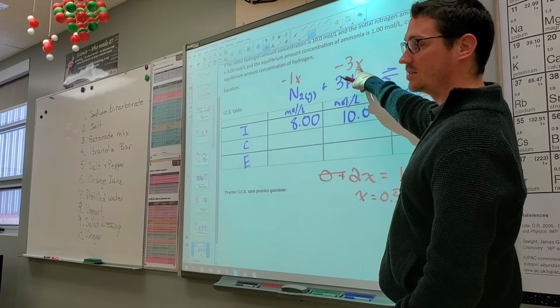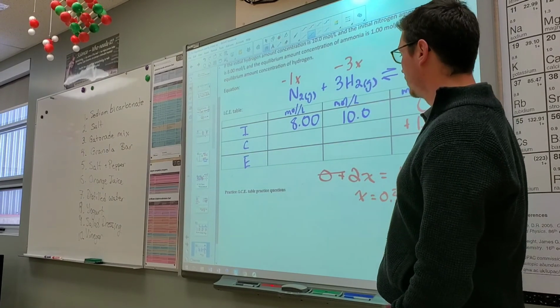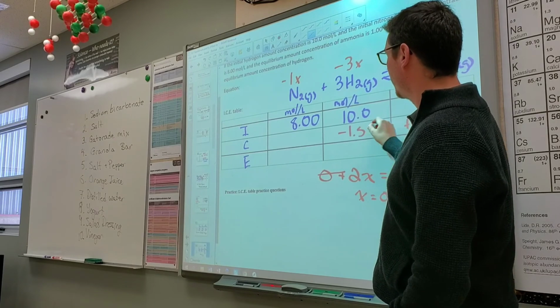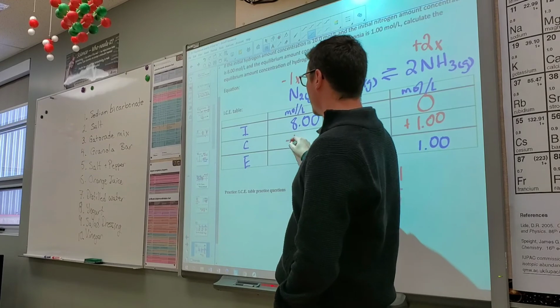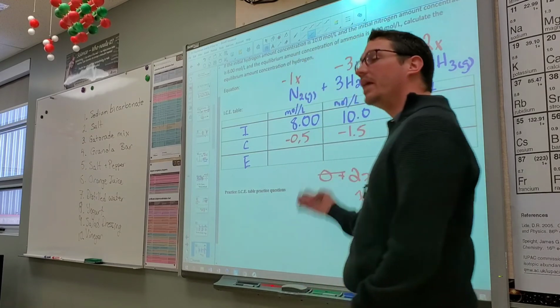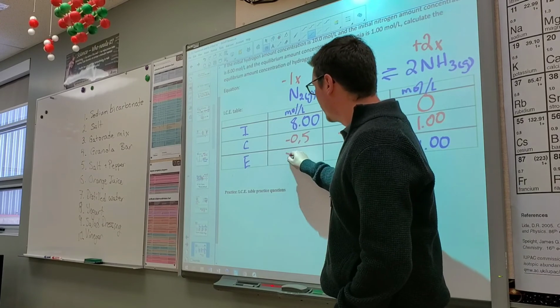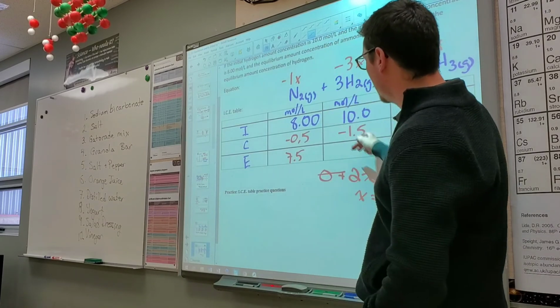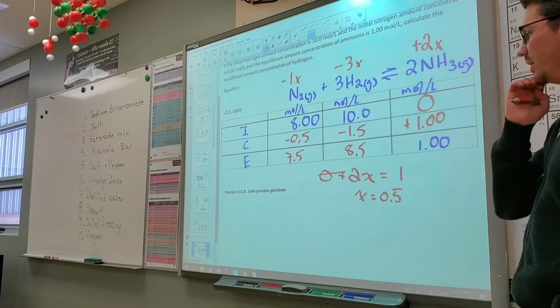How many x's? 3. So what's 3 times 0.5? So negative 1.5. And if we're losing 1x, so we're losing 0.5, and then now we can complete this. 8 minus 0.5, 7.5 moles per liter. 10 minus 1.5 is 8.5 moles per liter, and we've got 1.